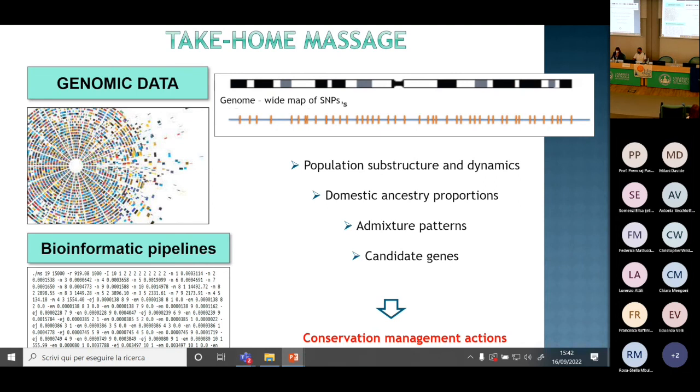And all this information can be combined and used to plan and support sound conservation management actions.